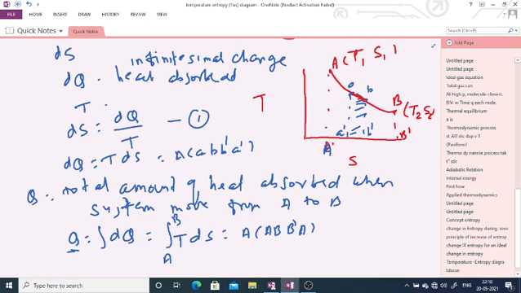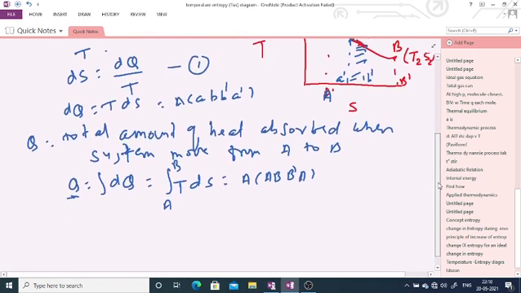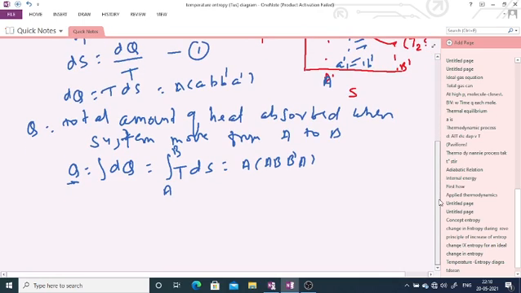Now consider the example of the Carnot cycle. We know that in a Carnot cycle or Carnot heat engine, there are four operations. That is, there are four processes in the cycle, and we represent that cycle by using the TS diagram, as with the PV diagram.